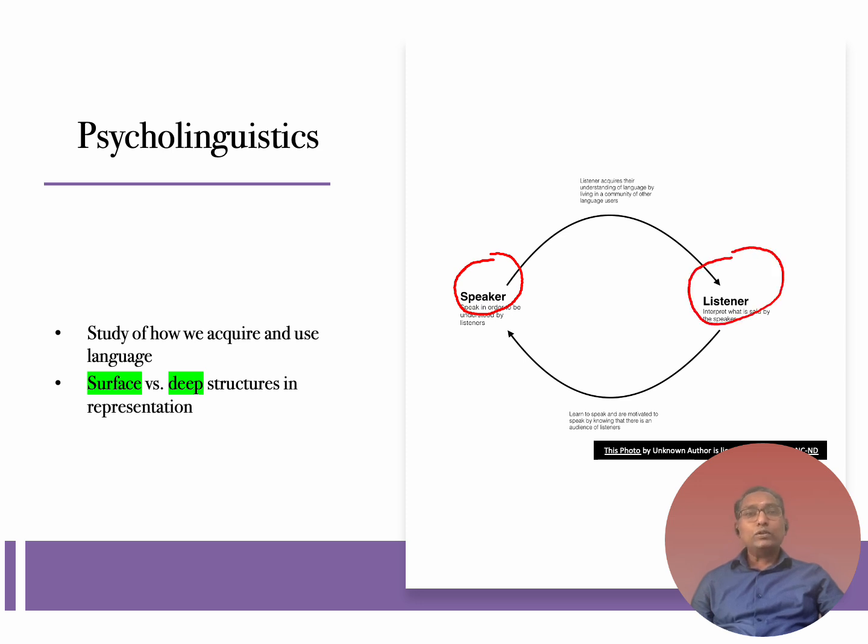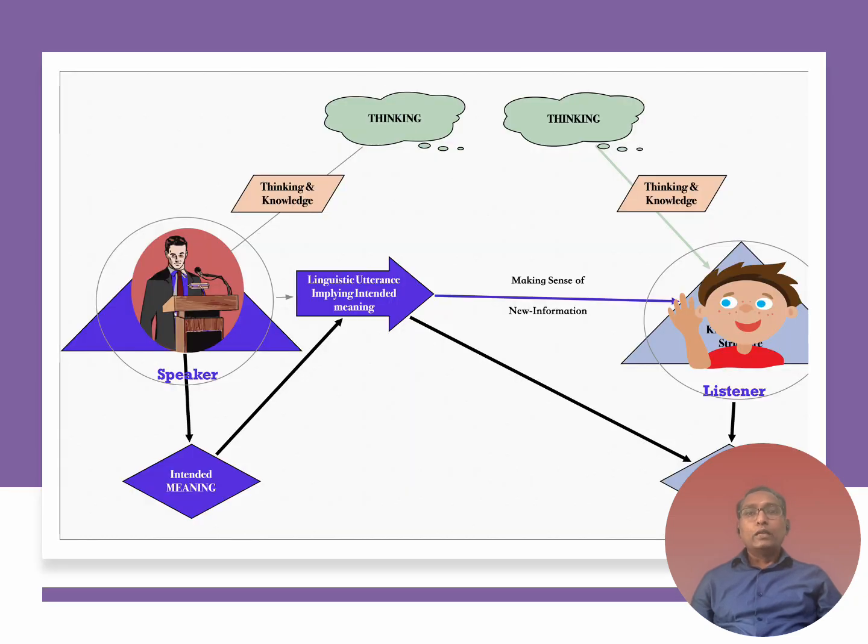That's where we'll talk about the surface structures and deep structures in a second. We'll understand this better when we put this language construct within the framework of thinking and knowledge, which we'll do in the next slide. Okay, so if you remember the thinking and knowledge framework, we said that thinking, if this is you, right?